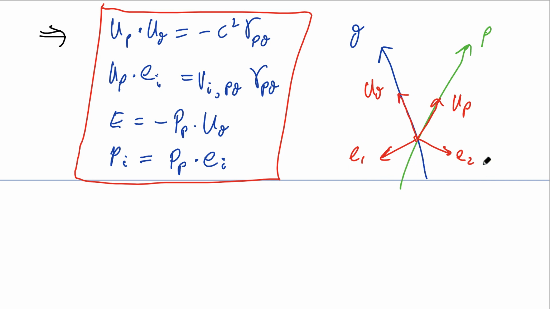So these basis vectors, the EIs, span a set of events that the observer sees as simultaneous. In other words, a set of events that are space-like for that observer.